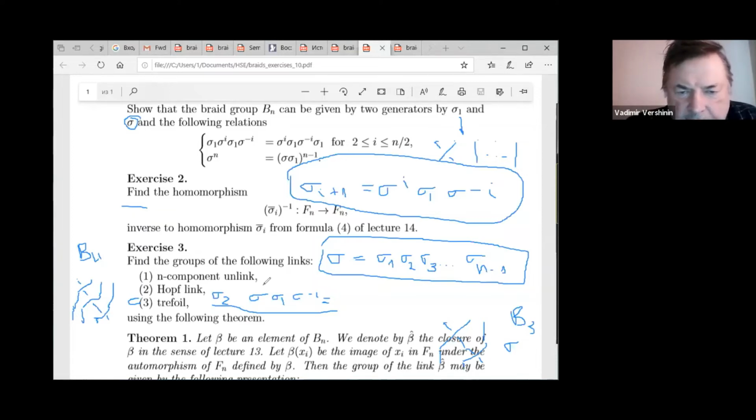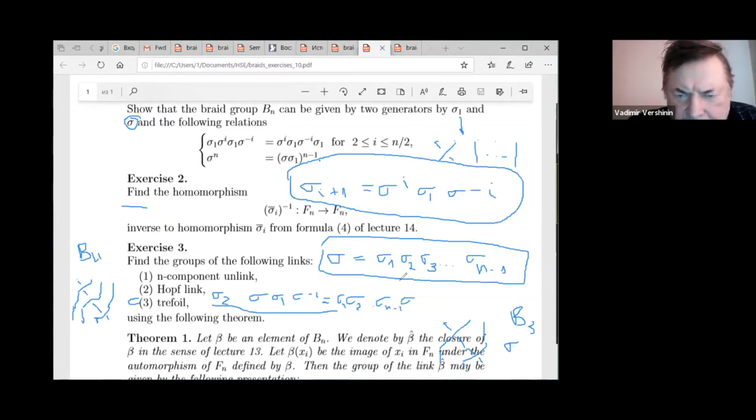What does it mean? It is sigma 1, sigma 2, and so on, then sigma n minus 1.